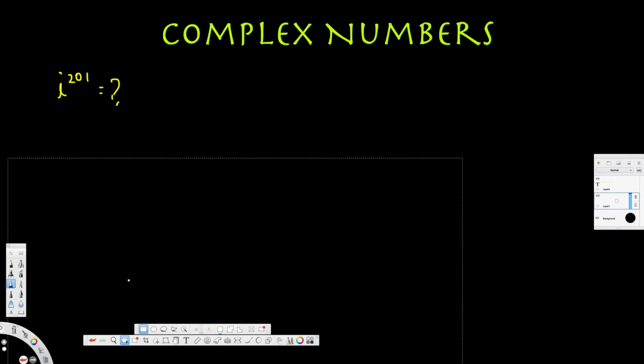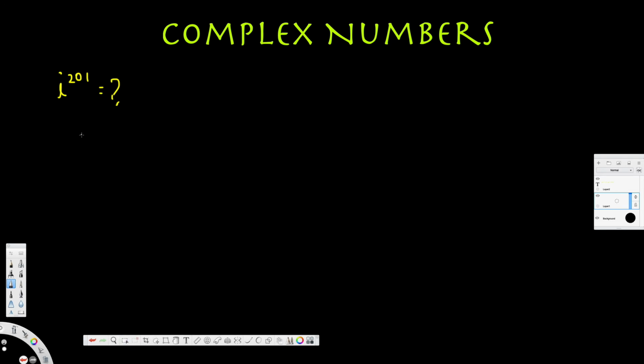Okay, when they ask i power 201, how to do that? First of all, in order to do this, we have to know a simple thing. Let's say i, and we know that i is equal to square root of negative 1. So what is i squared? i squared is basically the square root of negative 1 squared, and we know that if you square a square root, the square cancels, and we get negative 1.